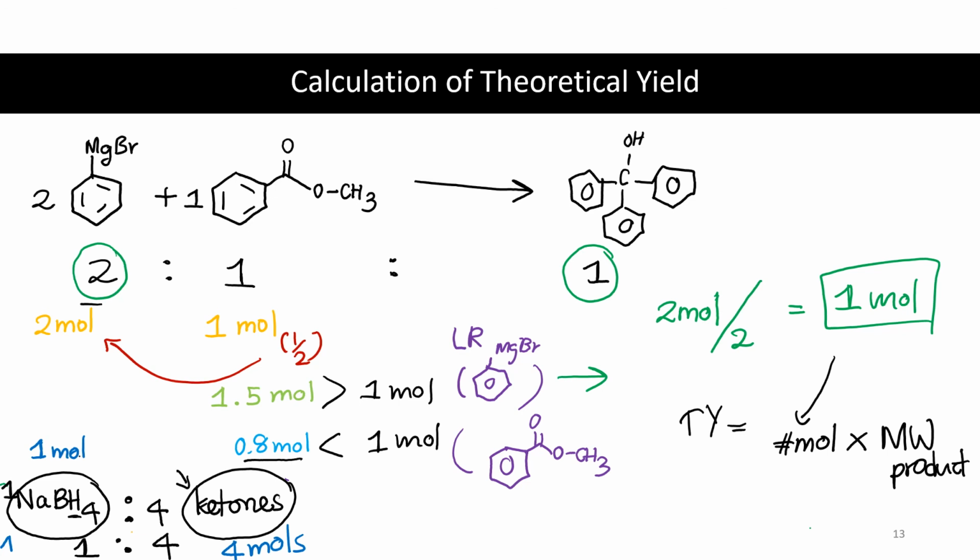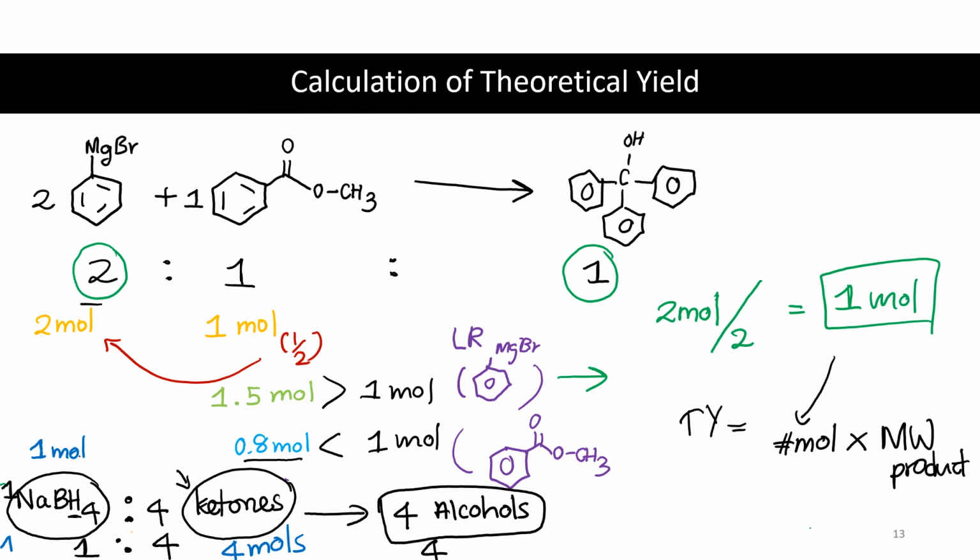So in that case, if you reduce 4 ketones, you get 4 alcohols. So the molar ratio between ketone and alcohol is 4-to-4.